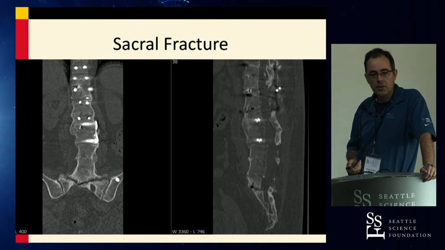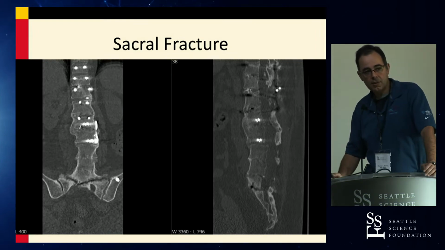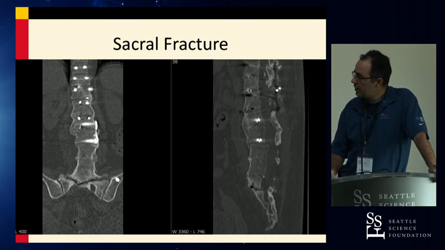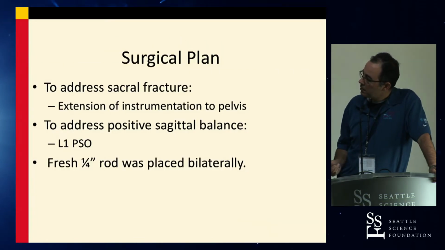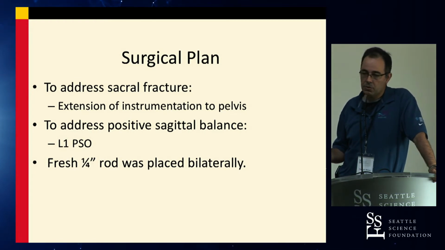So you basically want to plan a procedure that's going to restore the lordosis, and in this case, for her, we needed to extend the fusion down to the pelvis. We needed to obtain some additional lordosis.